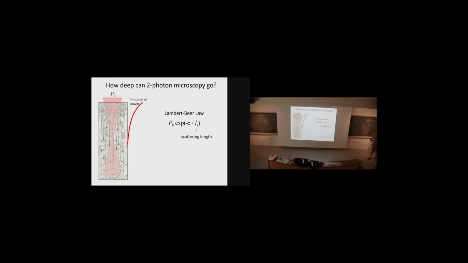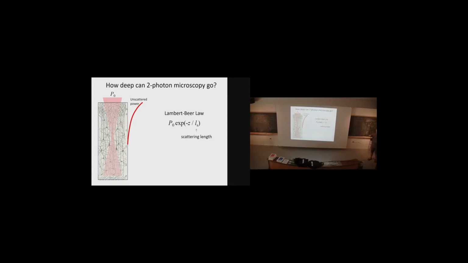You can answer that question fairly easily, because if you know that only unscattered light produces signal, then the amount of unscattered light left after you propagate a certain distance, z, inside a scattering medium obeys the Lambert-Beer law. It decays exponentially, so there's less and less unscattered light that makes it to deep depths, and it decays with a decay length equal to the scattering length of light inside the tissue.